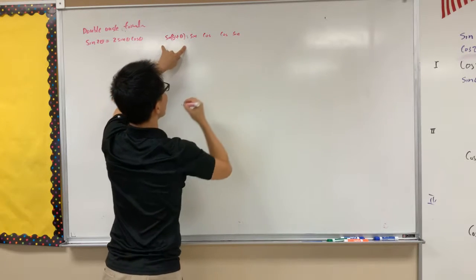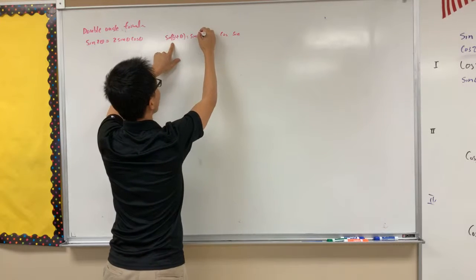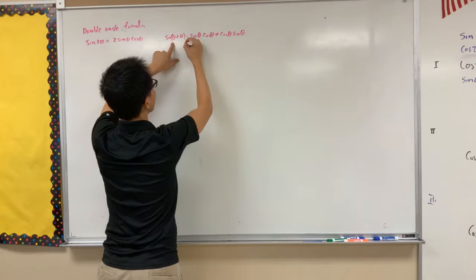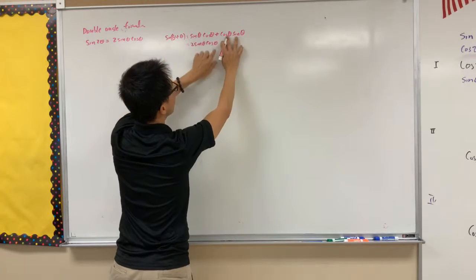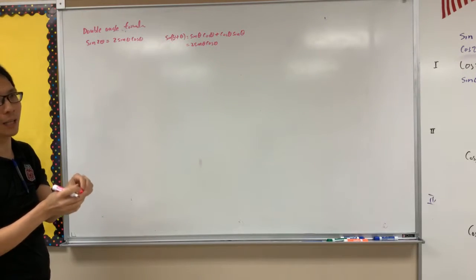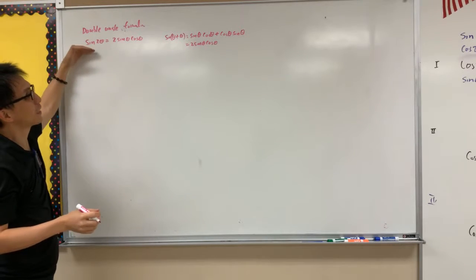It's just 2 theta is theta plus theta. So you have theta and theta and theta and theta, and that's plus. That's going to be 2 sine theta cosine theta because the order is switched, but 2 times 3 is the same thing as 3 times 2. That gives you the double angle identity coming from sum and difference.